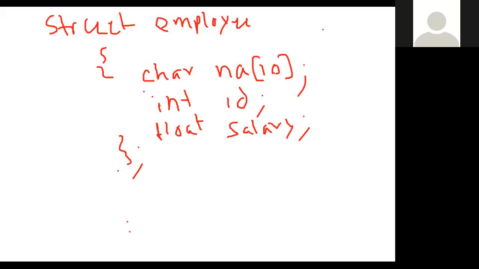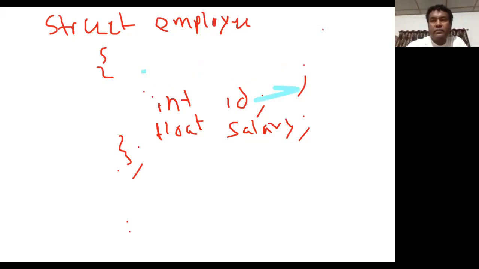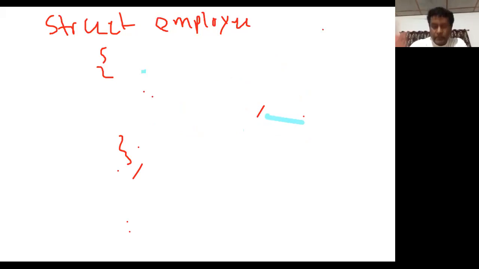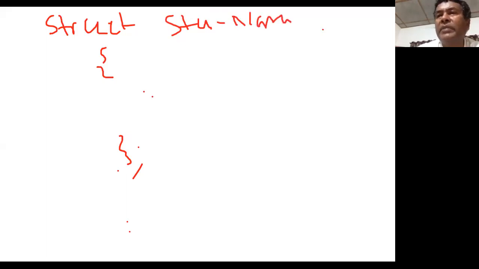Now again, I take one more example so that you can understand easily. This time I am going for student. Instead of employee, I make it student. STU name, or you can make it student name. It's up to you.